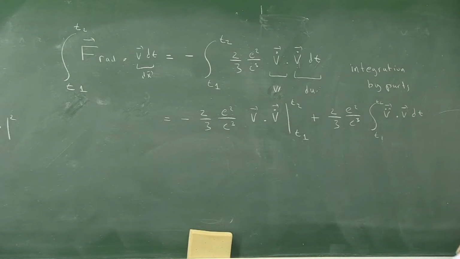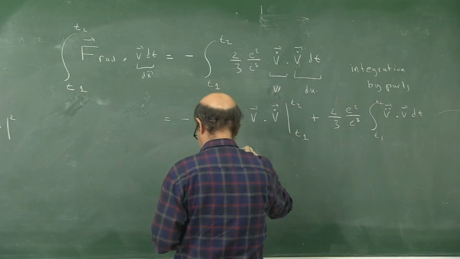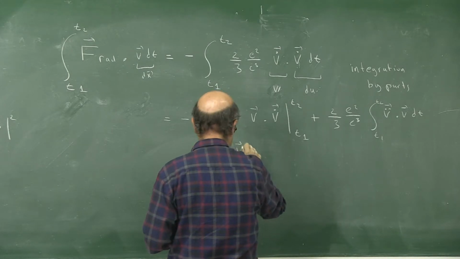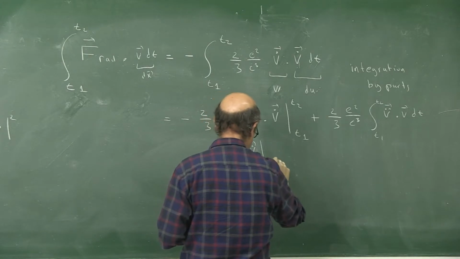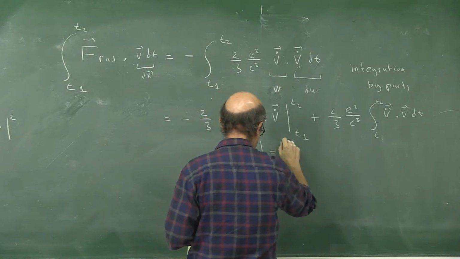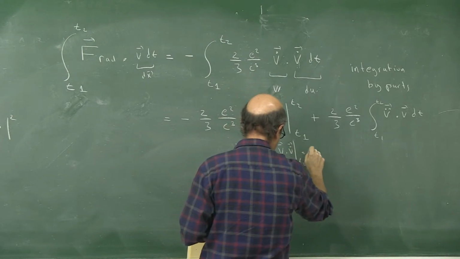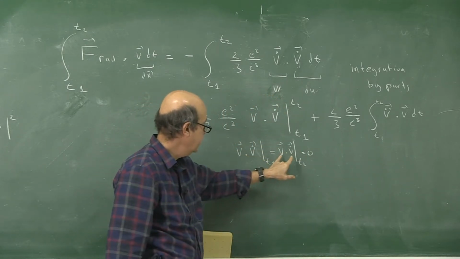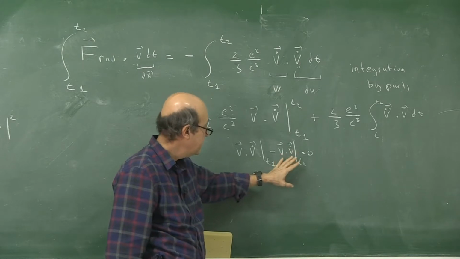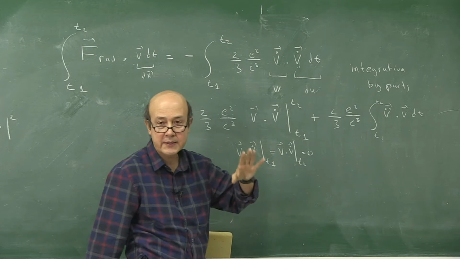So the tricky point here is that at t2 and t1, both v and v dot are required to be equal to 0, or they are equal. Either you can say that v is equal to 0, or that at T1 and T2 the system is the same.